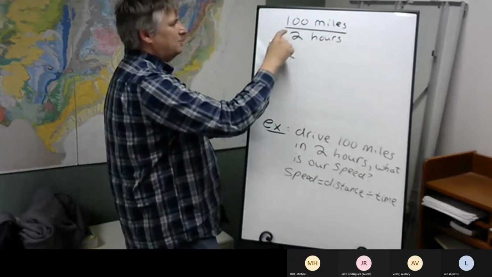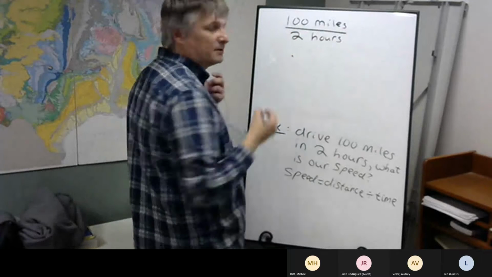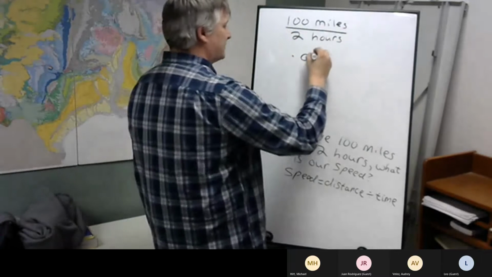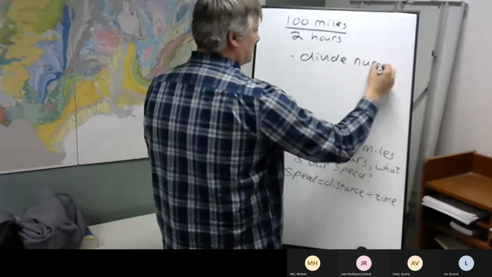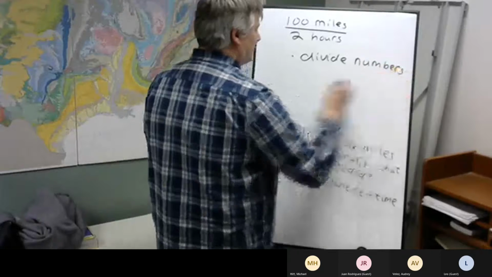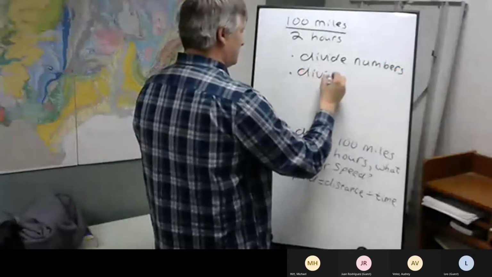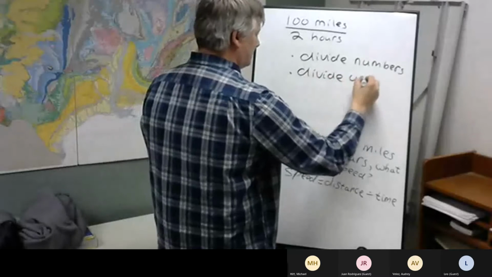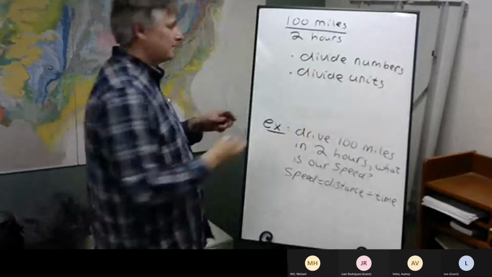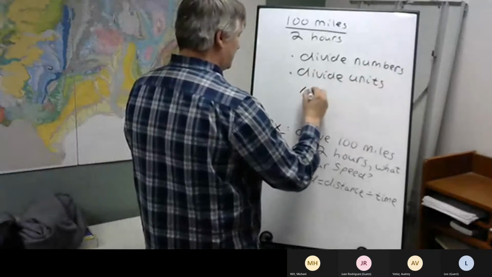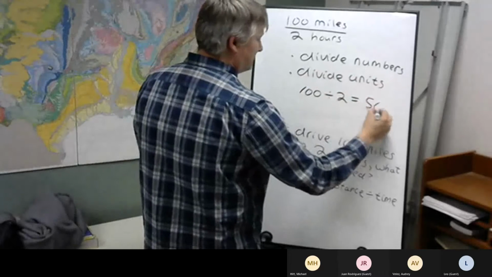First we're going to divide numbers, and then we're going to divide units. So if we divide the numbers, 100 divided by 2 is 50.